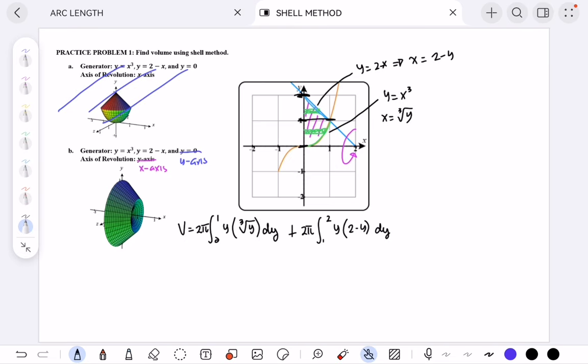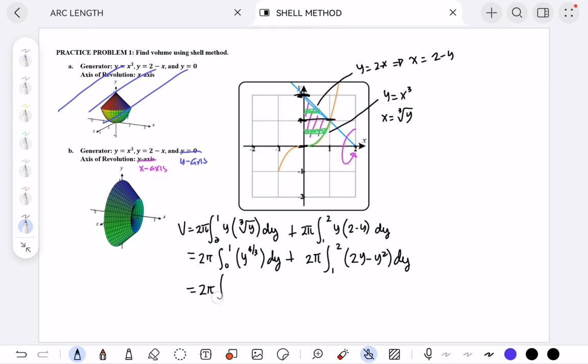Let's integrate. So this is 2 pi from 0 to 1 of y to the 1 times y to the 1/3, so that is y to the 4/3 dy, plus 2 pi integral from 1 to 2 of 2y minus y squared dy.